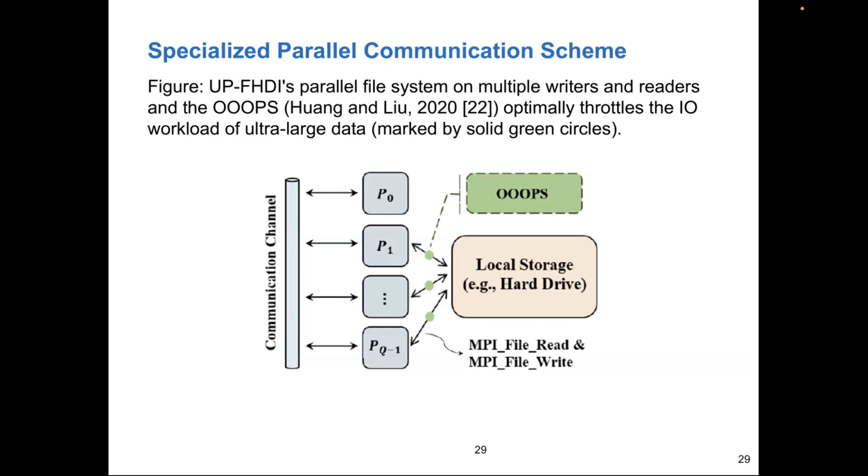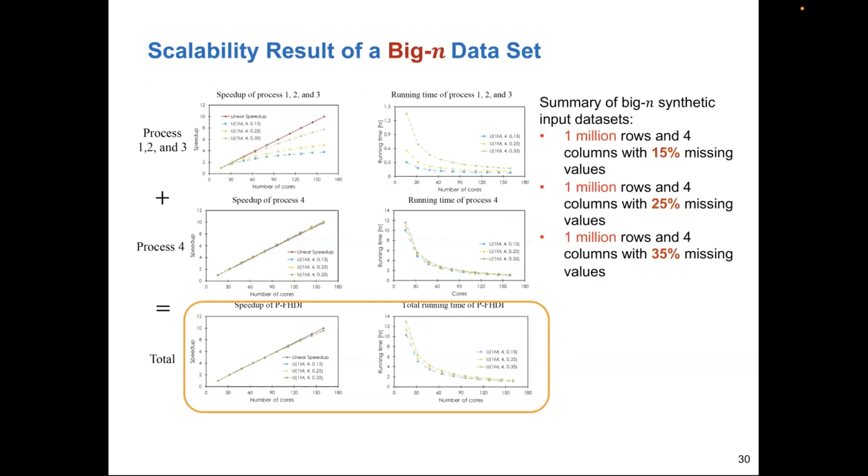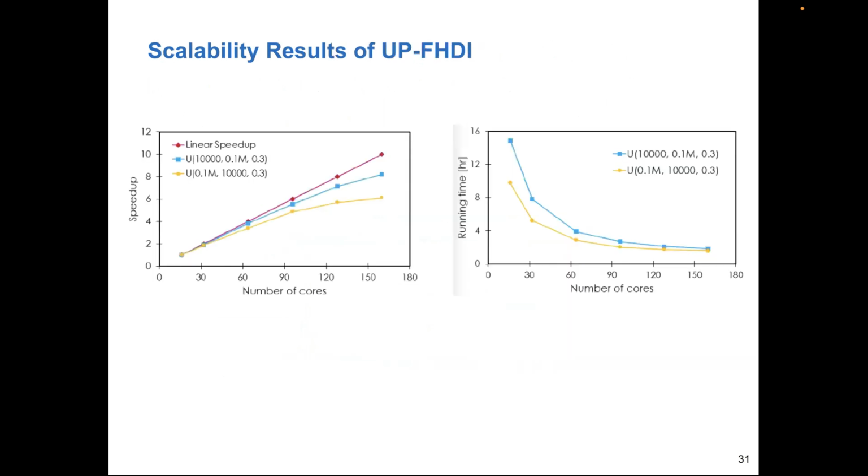We leverage that existing package to facilitate the hard drive data transfer, and we found this very promising. The scalability for the big N problem is very promising, even when you have ultra large data, for example, 0.1 million instances and 10,000 variables.